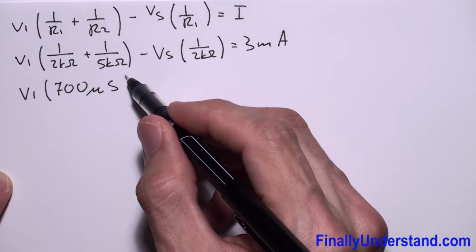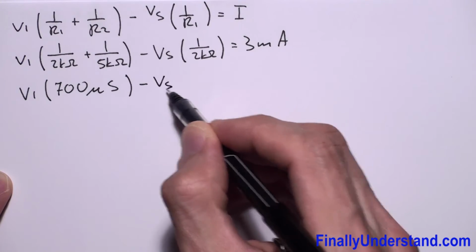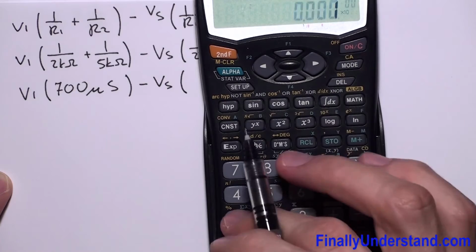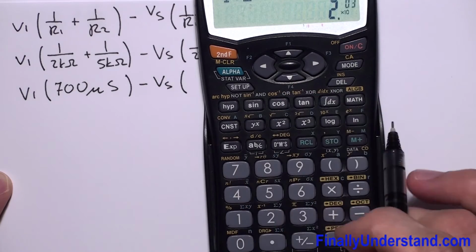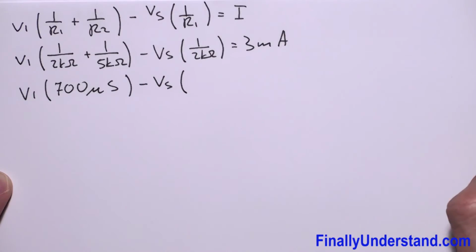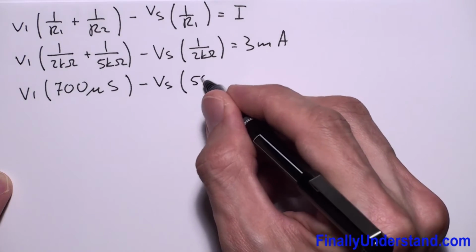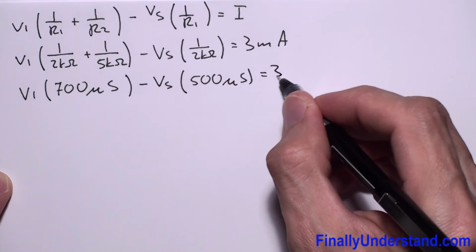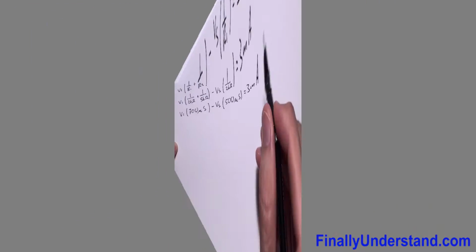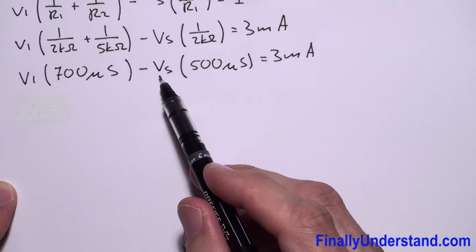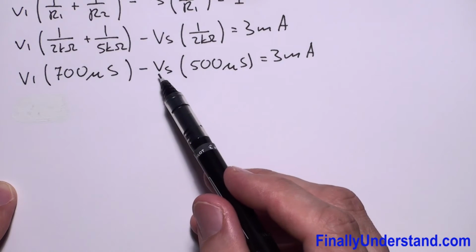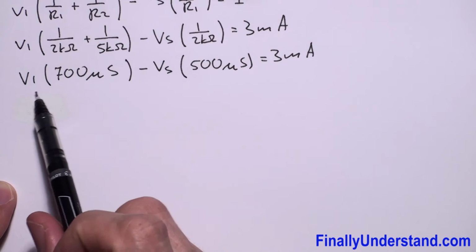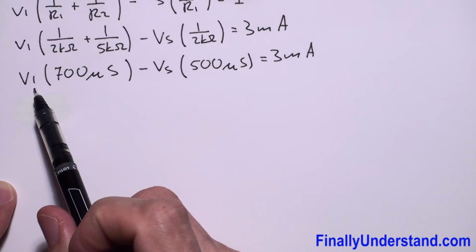So we have minus voltage source, 1 divided by 2 kilo ohms, 1 divided by 2 exponent 3 is equal to 500 microsiemens. So I have 500 microsiemens, equal to 3 milliamps. Now please realize that we could write 9 volts instead of Vs, but you can do this right now. So now we have to solve this equation for V1.